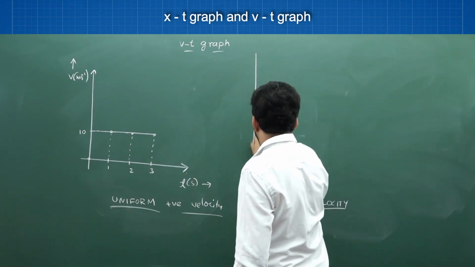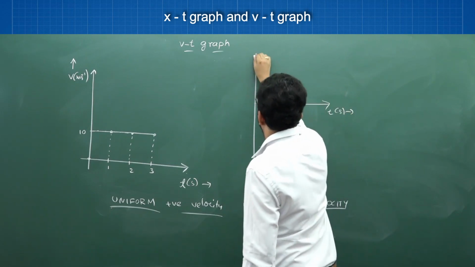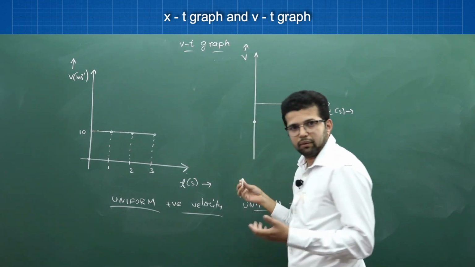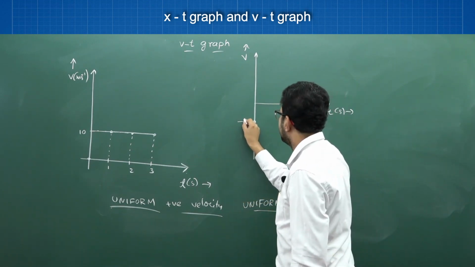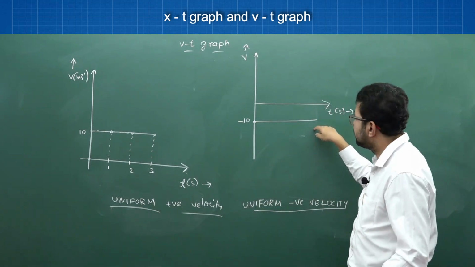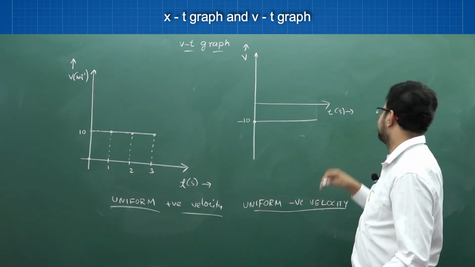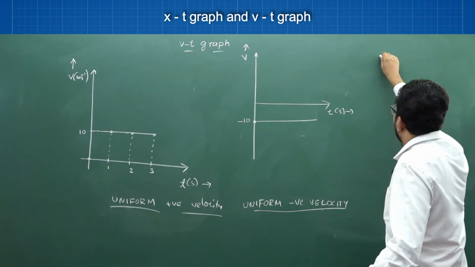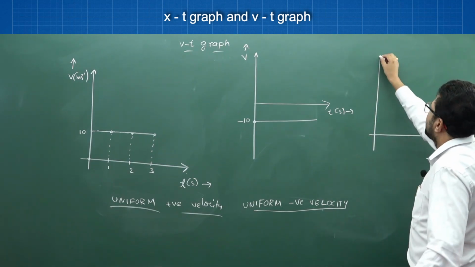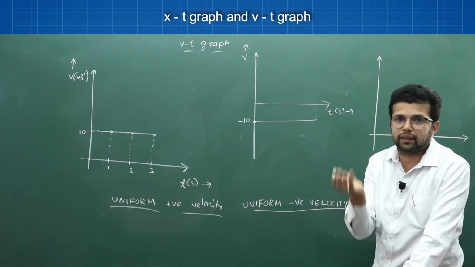With velocity along the y axis and time along the x axis, time measured in seconds, the velocity of the particle is minus 10 meter per second. This will become the velocity time graph for an object moving with uniform negative velocity. Now, we will see how to draw the VT graph for an object moving with uniform positive acceleration.